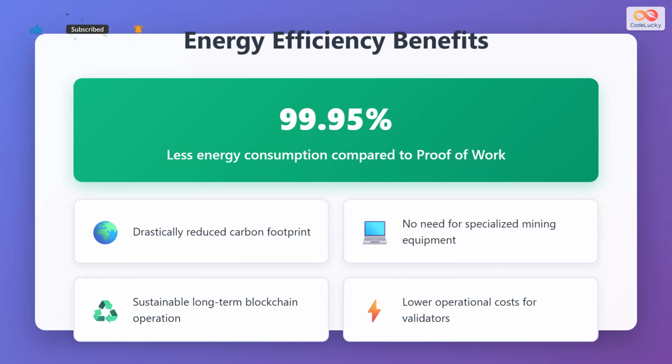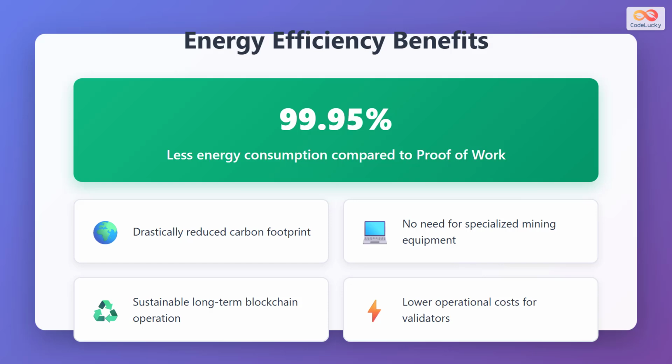The energy efficiency of proof of stake is remarkable. Studies show that proof of stake uses 99.95% less energy compared to proof of work. This dramatic reduction brings multiple benefits. First, it drastically reduces the carbon footprint of blockchain operations. Second, there's no need for specialized mining equipment, making participation more accessible.